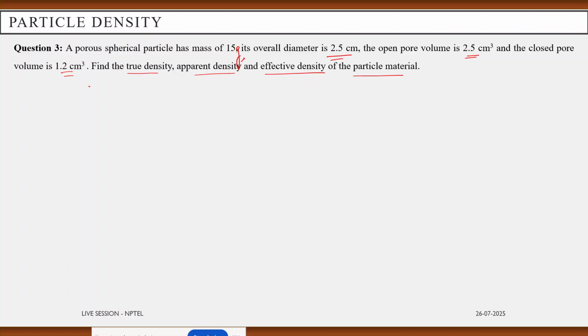Again, I am mentioning the volume of a sphere is pi by 6 d cube.